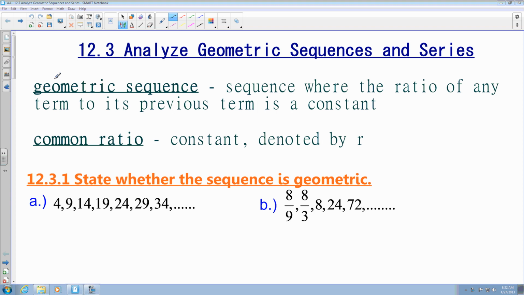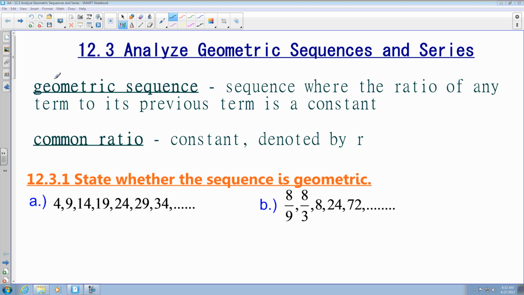For geometric sequences and series, it's very similar, but instead of recognizing it through addition and subtraction, we must have a common ratio which comes through multiplication or division.